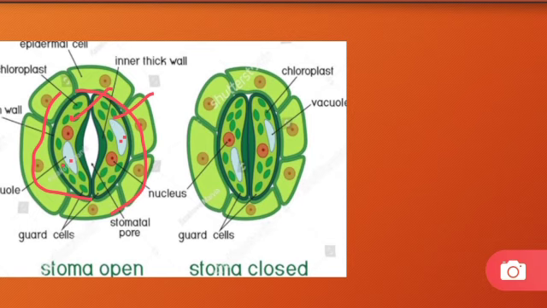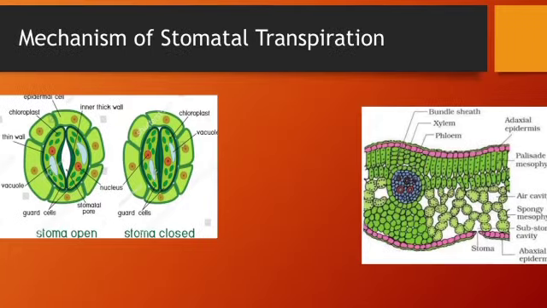The vacuoles can take in water and also give water to the neighboring cells. They also contain chloroplasts that help in the preparation of food. So these two structures are the open stoma and the closed stoma.